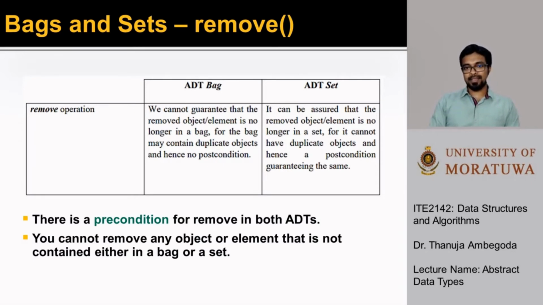However, it's not the case with sets, because in a set, there's always just one copy of one object type. So if you remove object type apple from a set, you can guarantee as a post condition that there are no more apples in that particular set. So that's the difference between the two post conditions in the mutator method, remove, with reference to sets and bags.